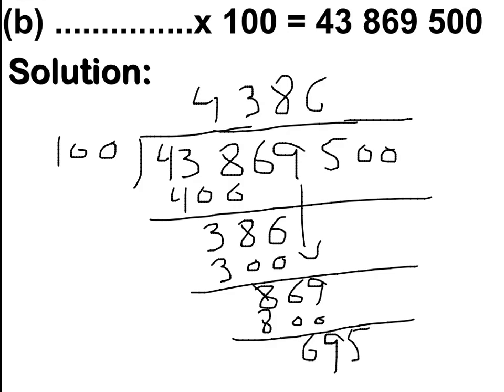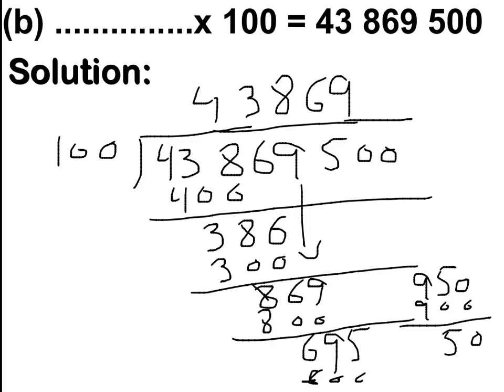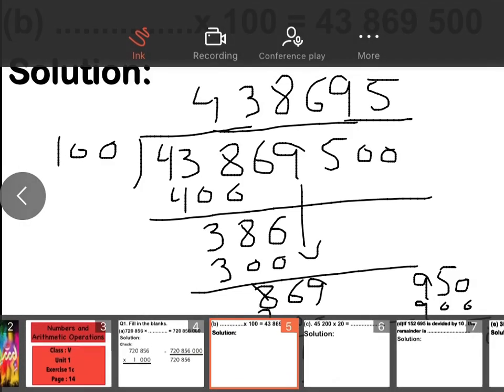Now we will write 600. 950. Now 100 9s are 900. Then 50. We will put 0. Next digit is 0. Now 500.